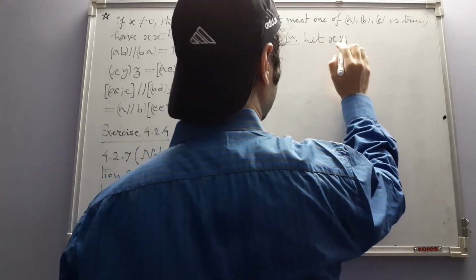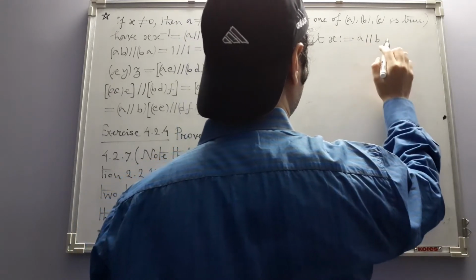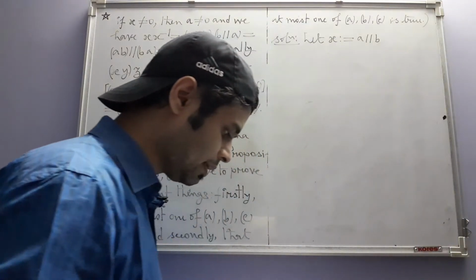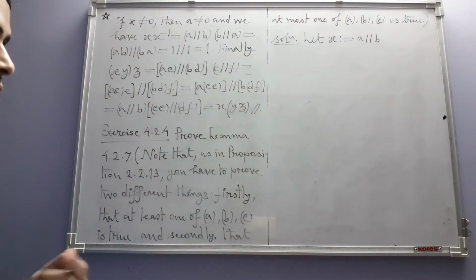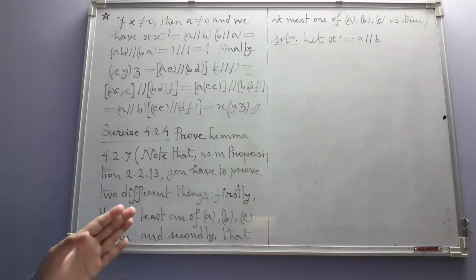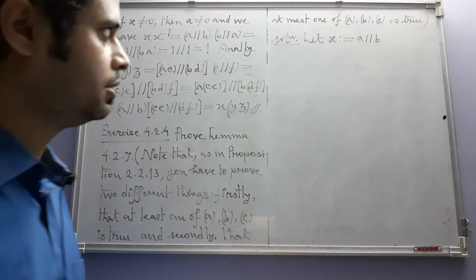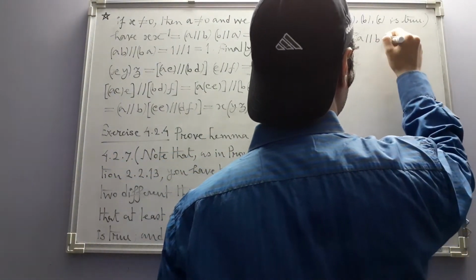Let x be A by B. I think in the original lemma, the symbol x is already there. So here we don't need to say anything more. We are just assuming that x has the form A by B, where A and B are integers and B is non-zero. That also we don't have to mention. We just write like this.